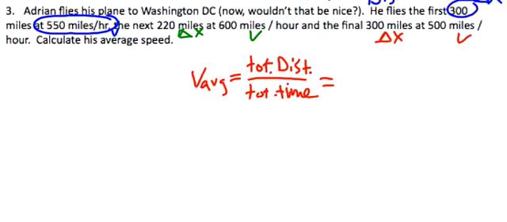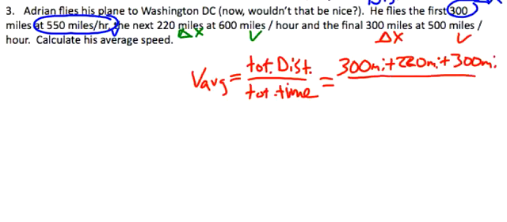Total distance is 300 miles plus 220 miles plus 300 miles. Just adding up the miles from each of the segments. And my total time, I don't have this. But all is not lost. You don't have it calculated.